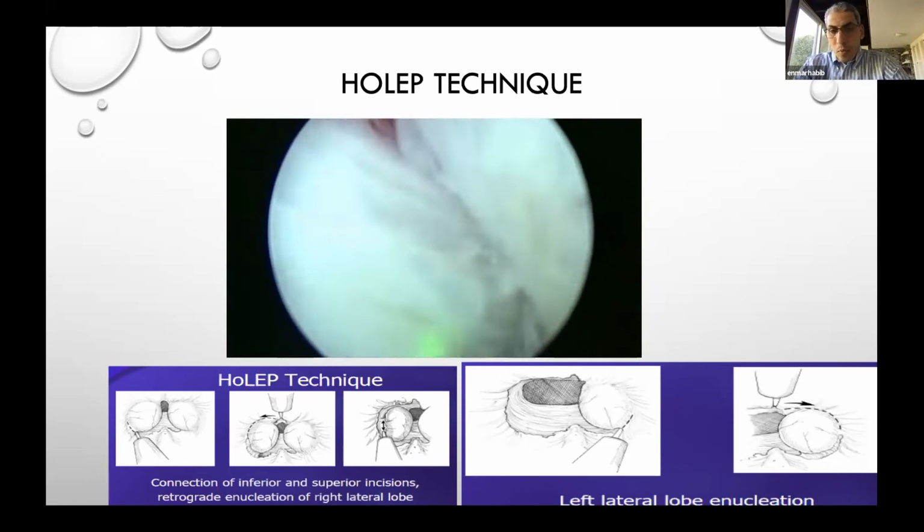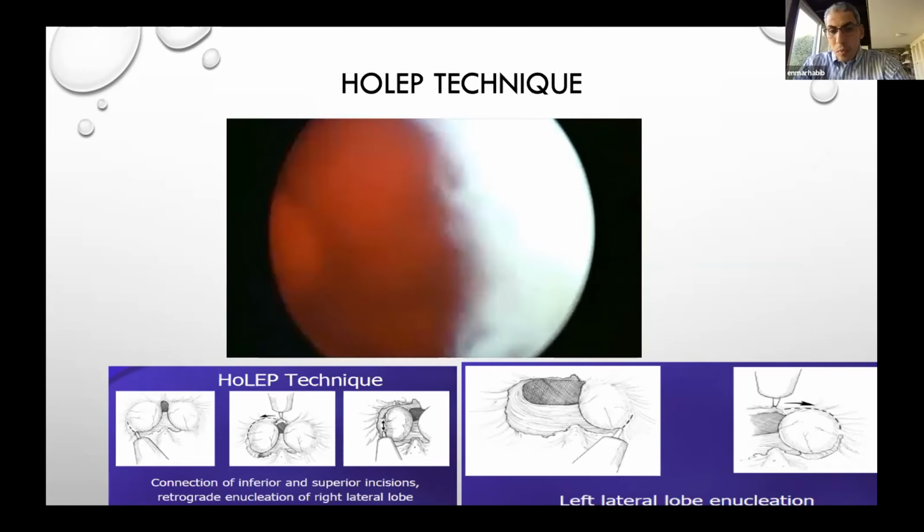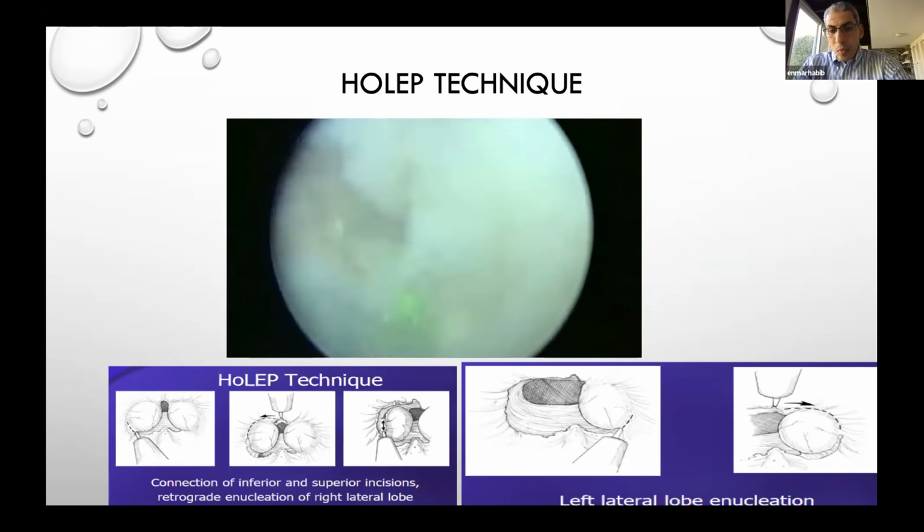Now the adenoma is completely separated. After that, you deliver it to the bladder.